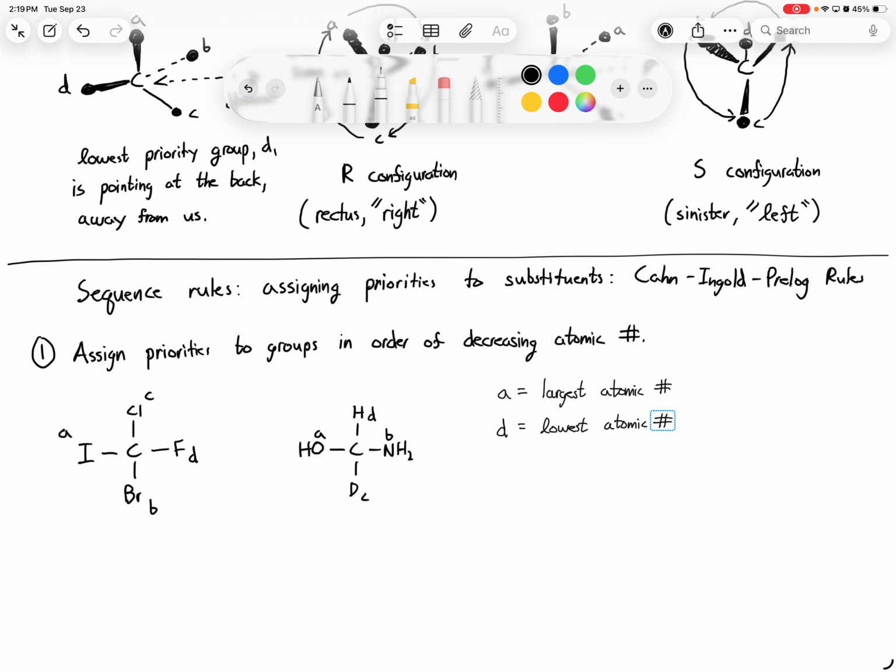And then A here, that's the highest priority. It has the highest atomic number, so that's why we gave it the letter A. So here, highest priority, lowest priority. Okay. Are there any other questions on that one?